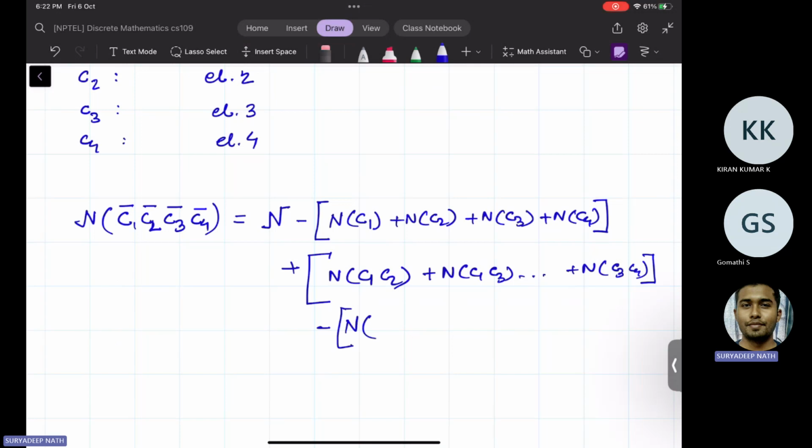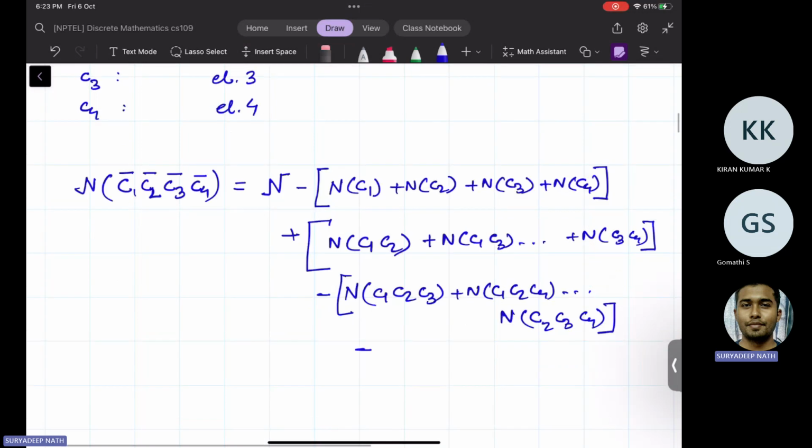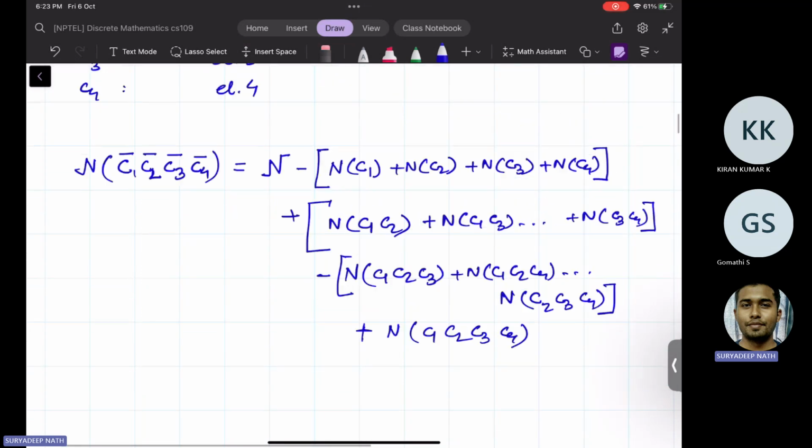So we'll have n C1, C2, C3 plus n C1, C2, C4, and so on, various combinations of n C2, C3, C4 maybe. And finally, we'll add n of C1, C2, C3, C4. This is the inclusion-exclusion principle.